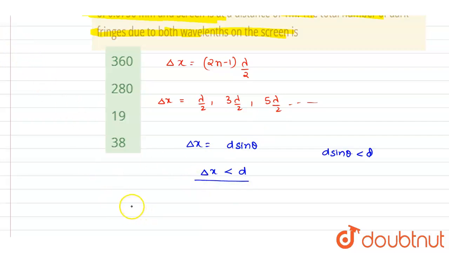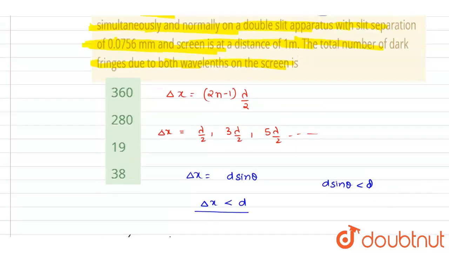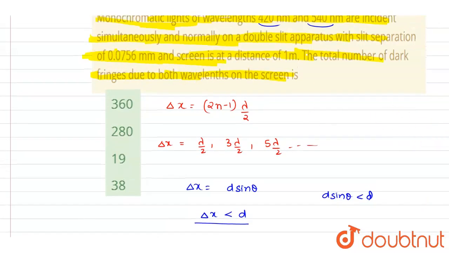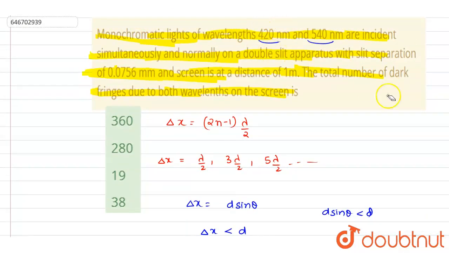So I will write 2n minus 1. Since we are talking about minima only, it should be less than D, and the d value is already given, this much in mm. The wavelengths are in nanometer, so we can convert this into nanometers. d equals 0.0756 into 10 to the power minus 3 meter, since it is in mm.